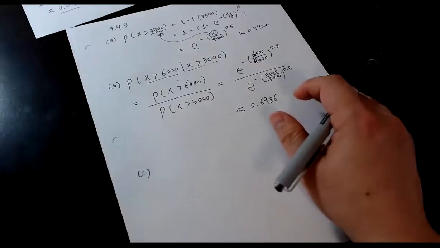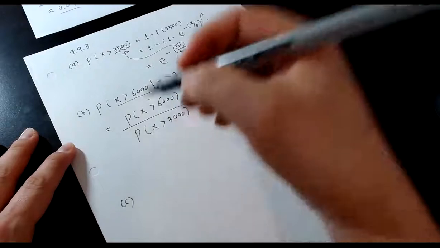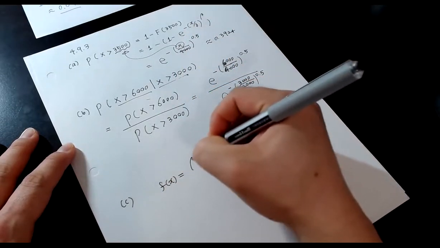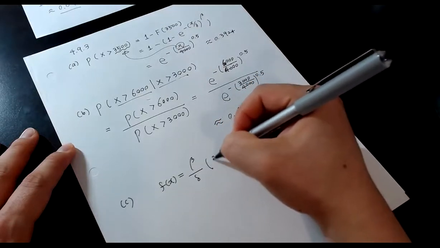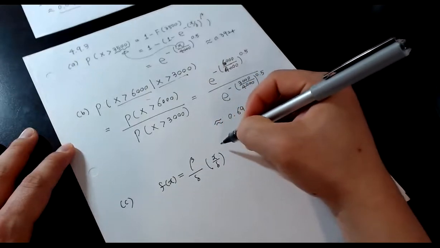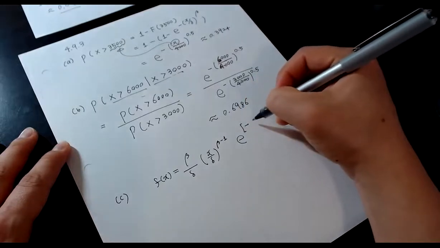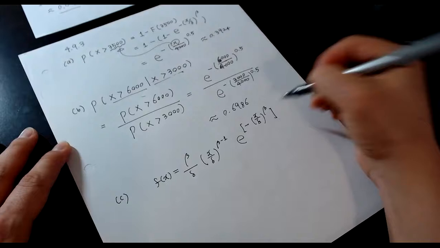in the PDF of the Weibull distribution, f of x is equal to beta over delta, times x over delta to the beta minus 1, and e to the negative x over delta to the beta power. Okay, it's this.